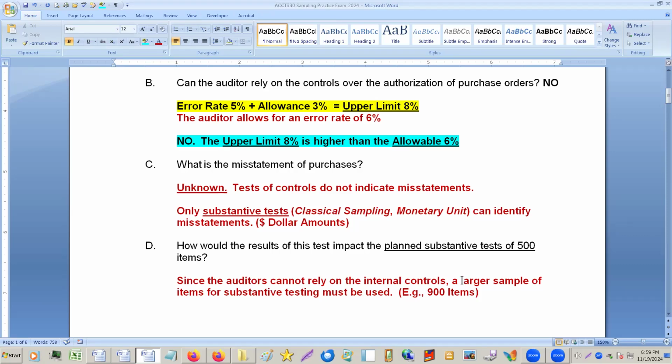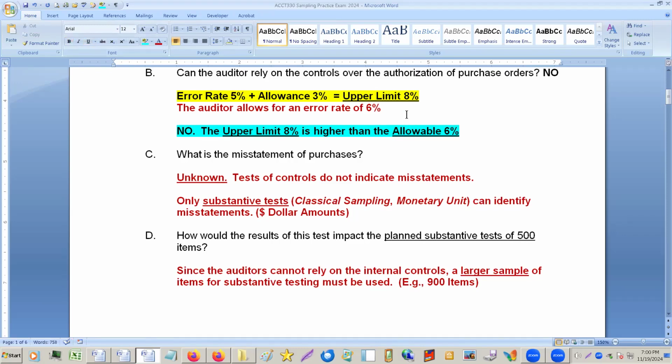Now, if they could rely on the internal controls, so for instance, let's say the upper limit came out to say 5% or 4% or whatever, and they could rely on the controls, they could keep the 500.